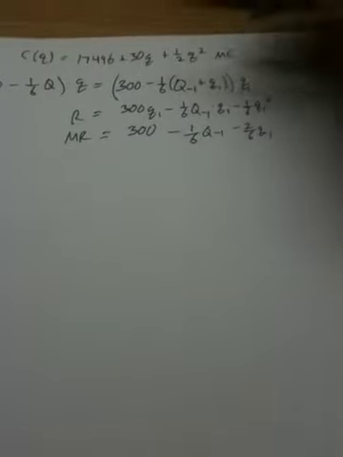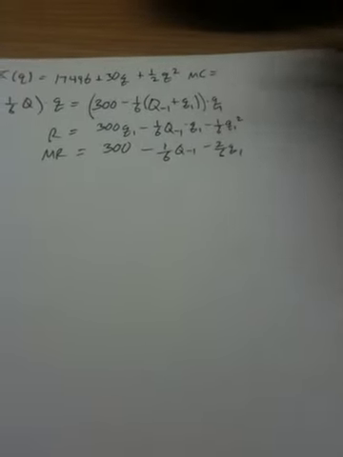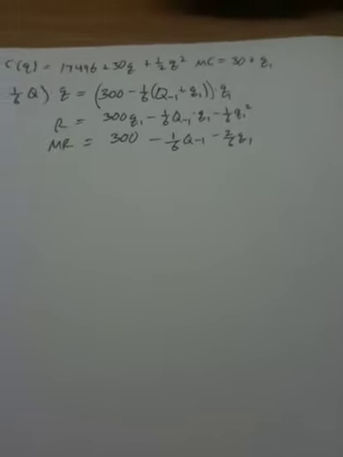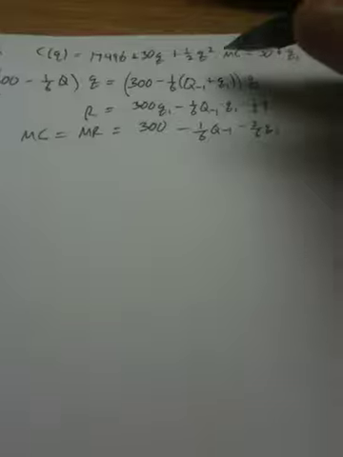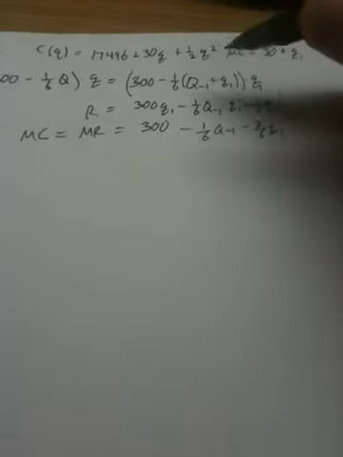So we've got our marginal revenue, and then using the total cost up here, the derivative, marginal cost, is 30 plus q. So now we can set marginal revenue equal to marginal cost, which was 30 and then 2/2 q, so I'm just going to write that as q.